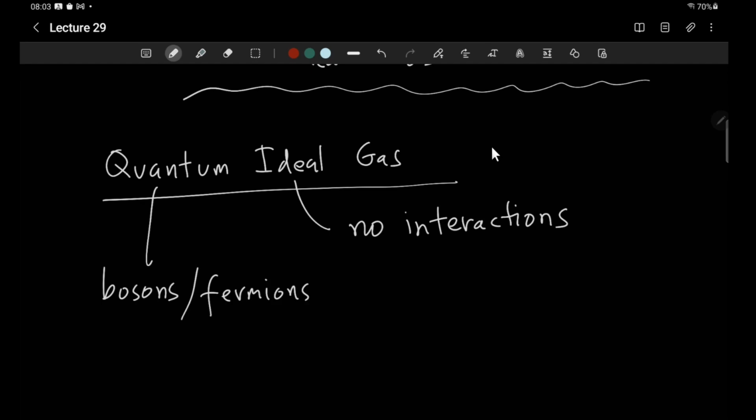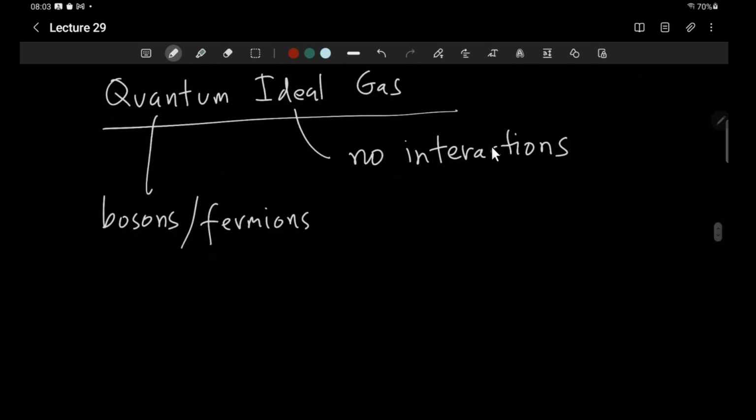These are input into the story, and of course the bosonic ideal gas and the fermionic ideal gas have completely different properties. This is what we want to do, and we will study the physics of these two things.